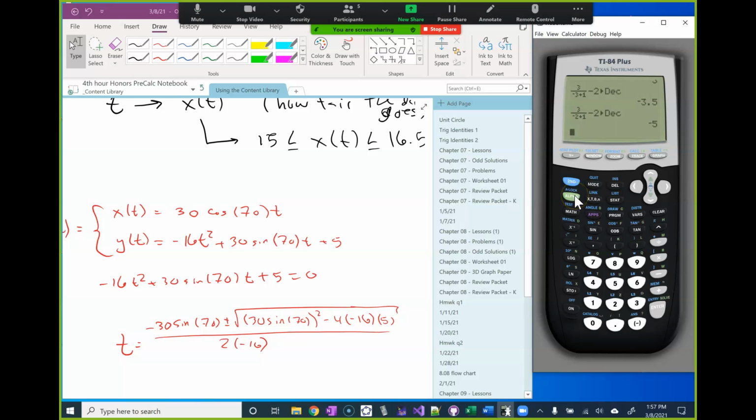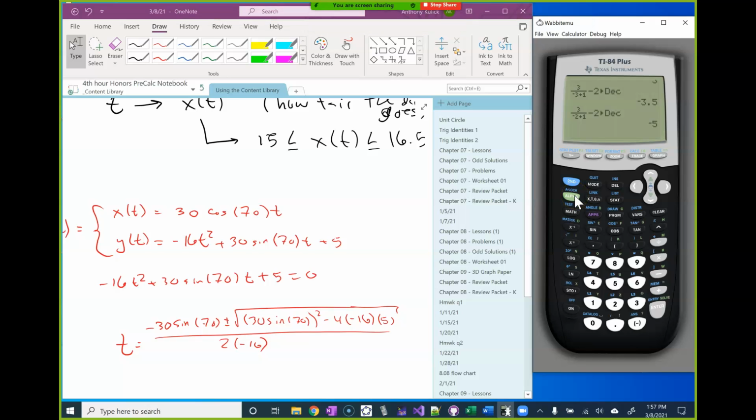All right. So I'm going to type this in all in one big shot because I'm calculator confident. But I like to use the fraction command because it helps deal with some of those parenthesis issues.